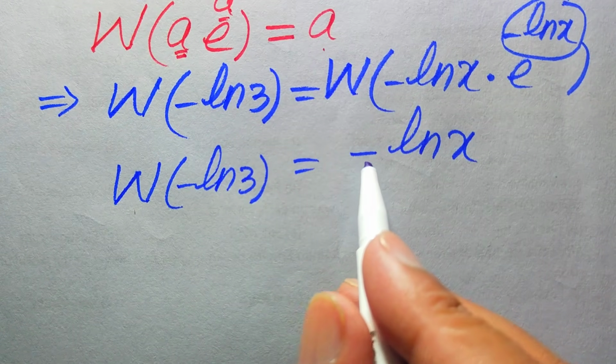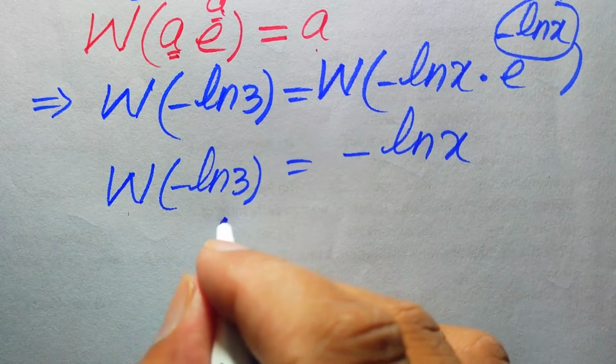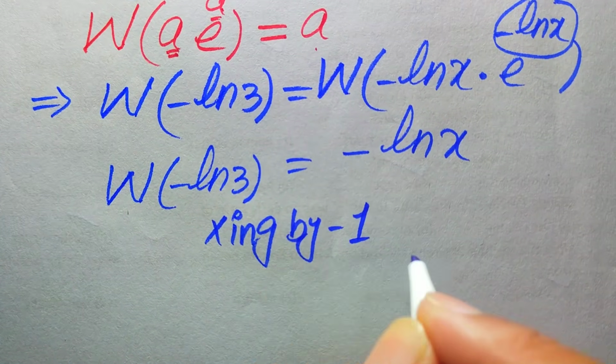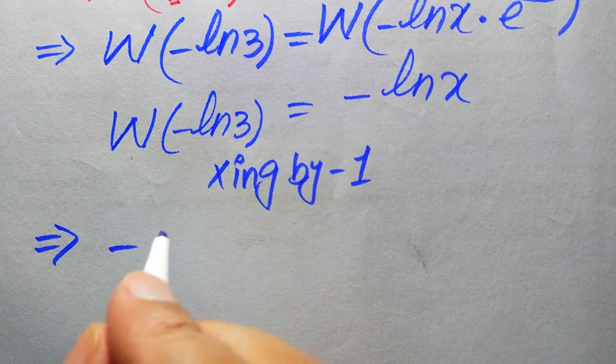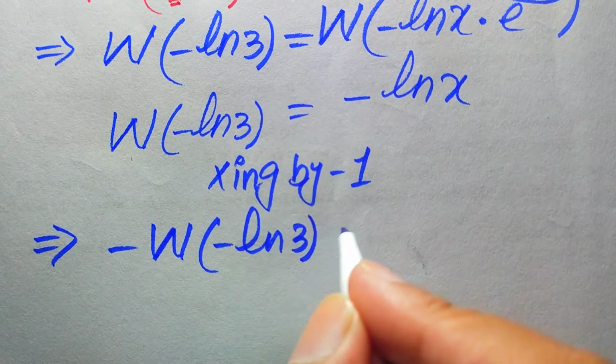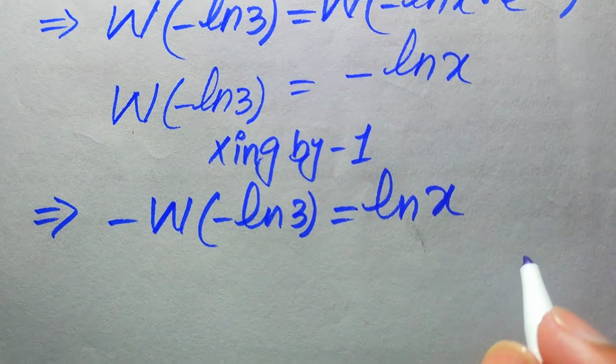To get the value of x, we multiply both sides by minus 1, so we get minus W of minus log 3 is equal to log of x.